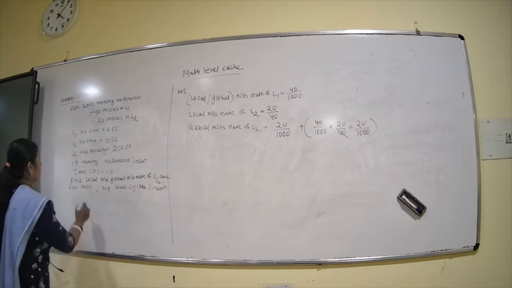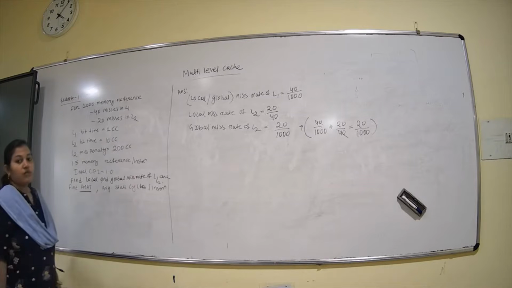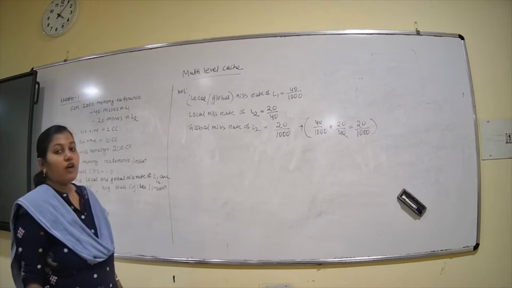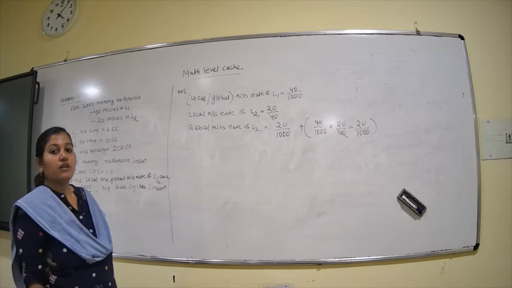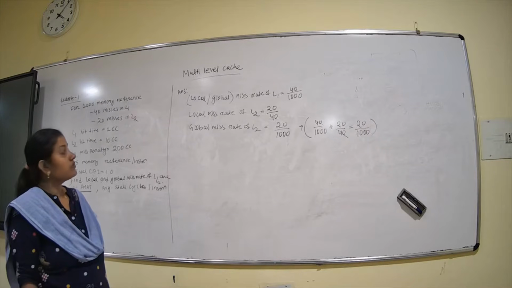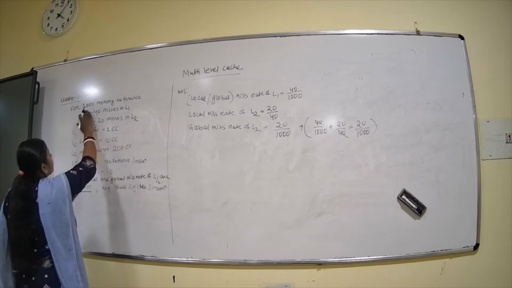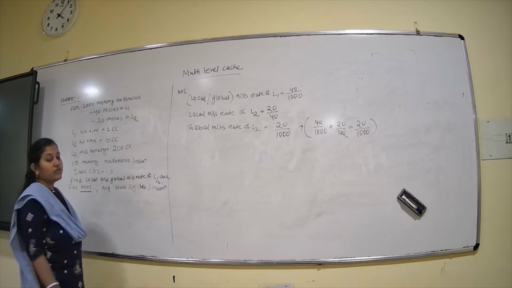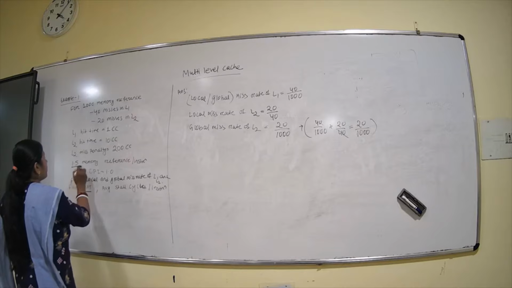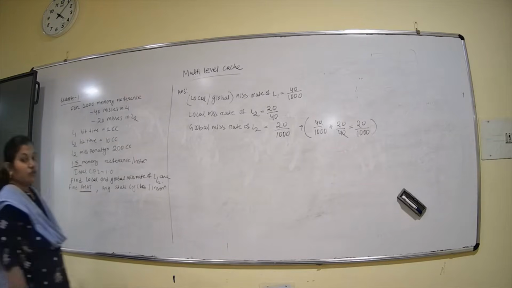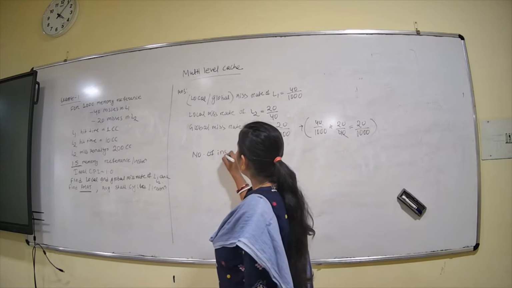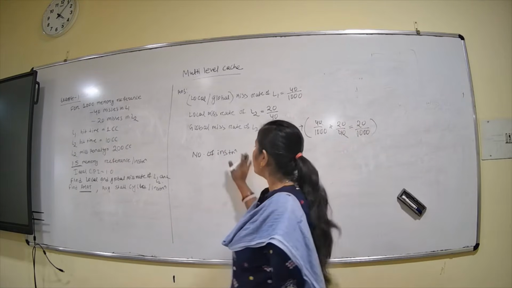Now we come to the calculation of average memory access time. Before that, we should know how many instructions there are. Here the number of memory references is 1000, and in one instruction we are accessing 1.5 memory accesses. So what is the number of instructions?